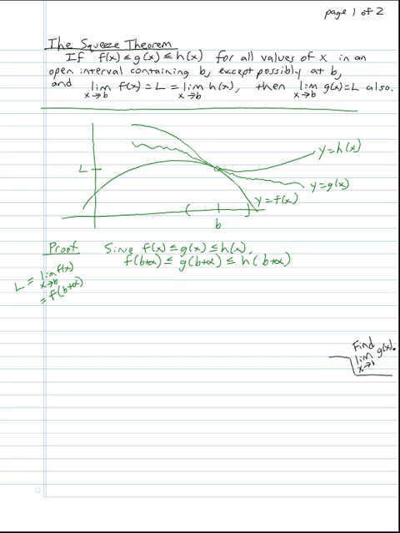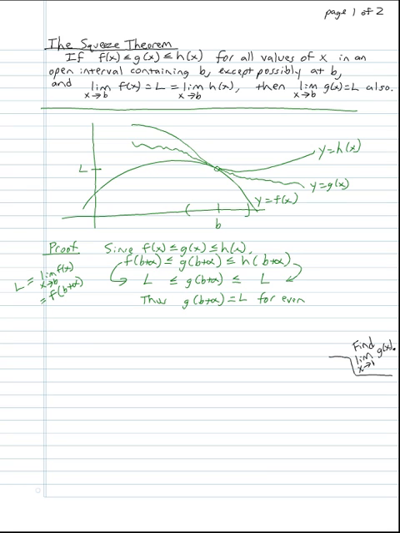So for whatever infinitesimal I've got, f of b plus alpha has to be equal to L. The same thing's true for h of b plus alpha, because h also has the limit L at b, so h of b plus alpha must be equal to L. Well, that means that g of b plus alpha is between L and L. That means it's got to be L. So g of b plus alpha is equal to L.